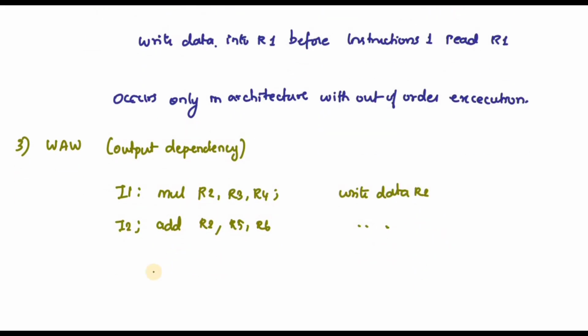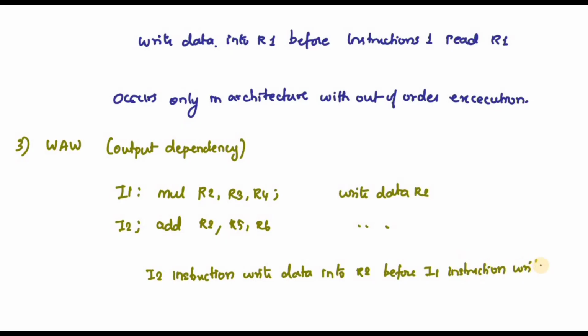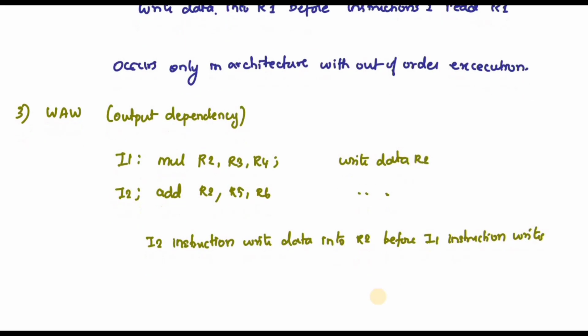This will occur when the I2 instruction executes first. I2 instruction writes data into R2 before the I1 instruction writes data to R2. Generally the multiplication instruction will take more time compared to the add instruction.